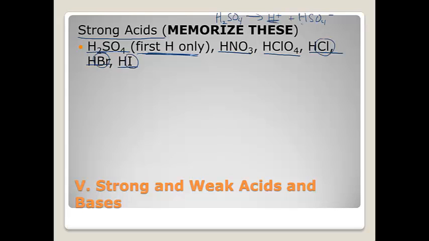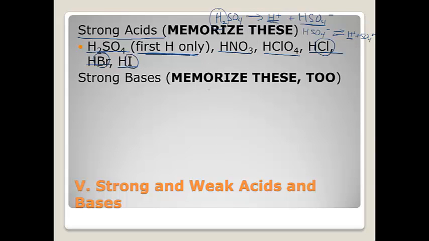Now, what about the second one? This bisulfate or hydrogen sulfate ion breaks up, but it's a weak dissociation, or weak ionization, into H+ and SO4 2-. So you get a little bit more, but not much more coming off of this. You don't get two H's breaking up, you only get one H breaking up.